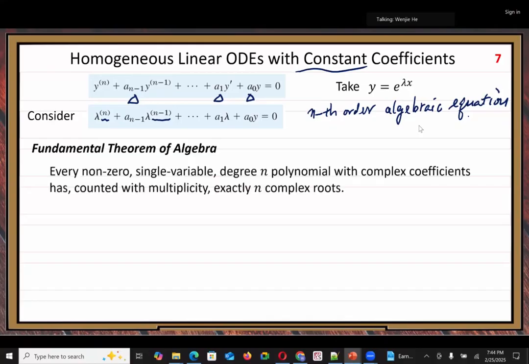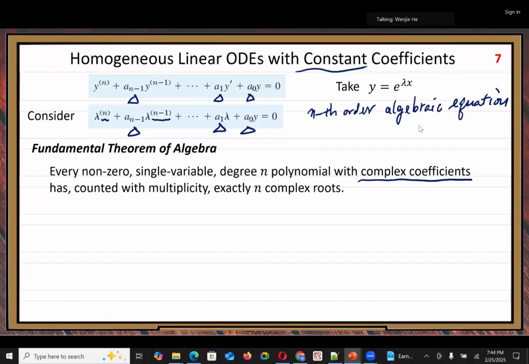Every non-zero single variable degree n polynomial with complex coefficients. The little a coefficients are allowed to be complex numbers, not necessarily real numbers.